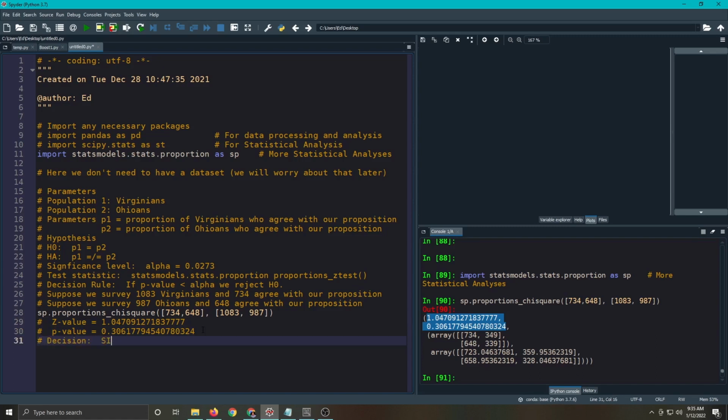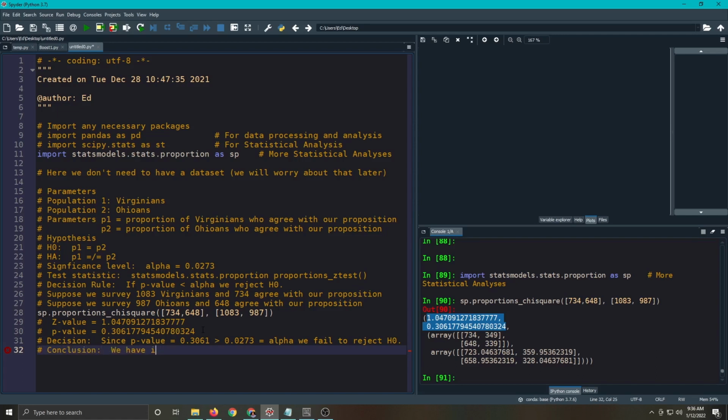Now we can make a decision. Since the p-value is this number, 0.3061, which is clearly bigger than our alpha of 0.0273, we fail to reject H naught. And we can write a conclusion.